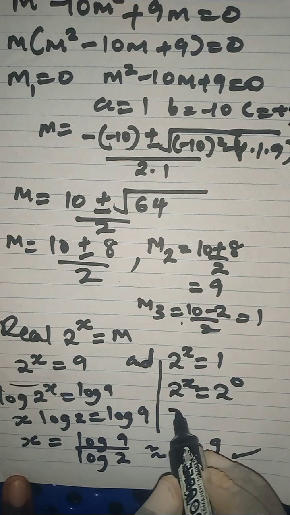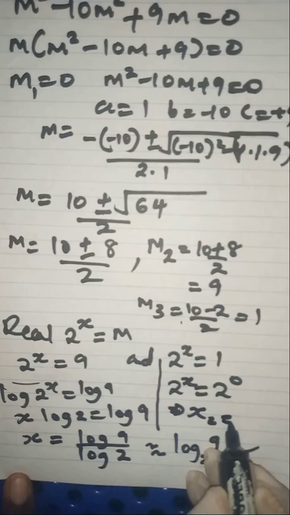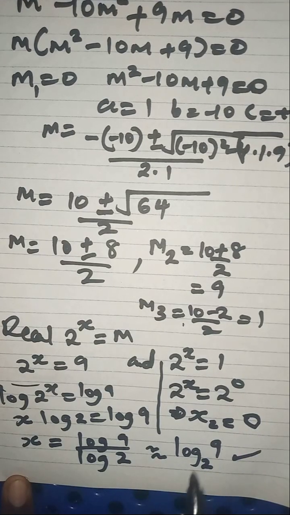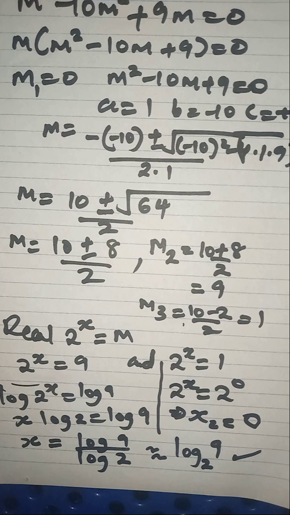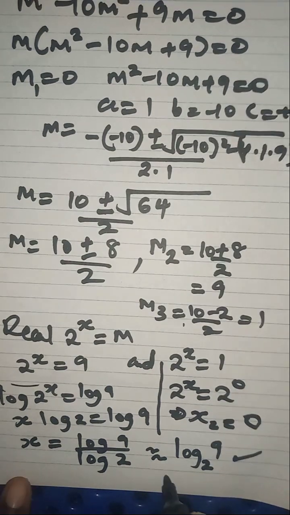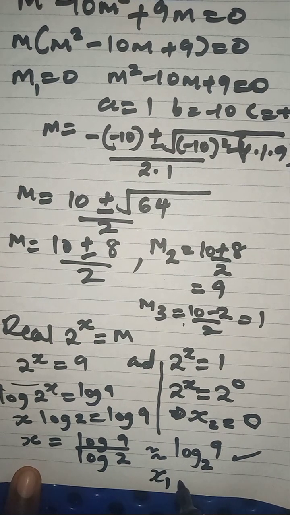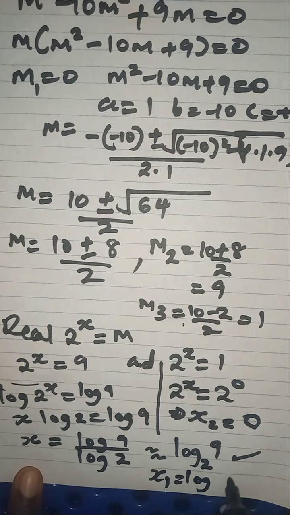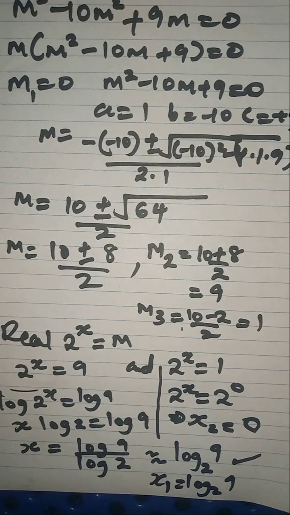So then it goes without saying that my second value of x is also equal to 0. You equate the powers like that. And my first value of x is log 9 base 2, for the required solution which was required initially.